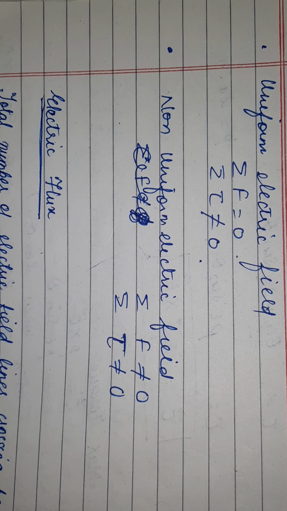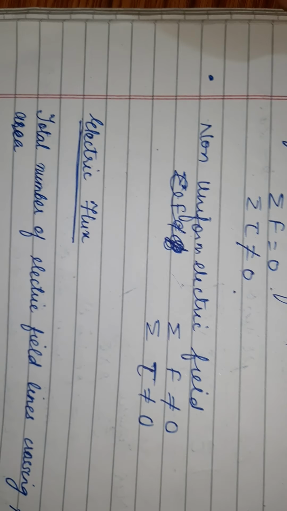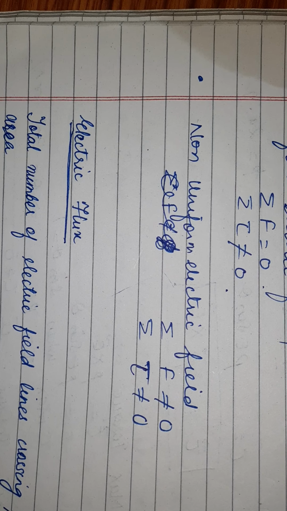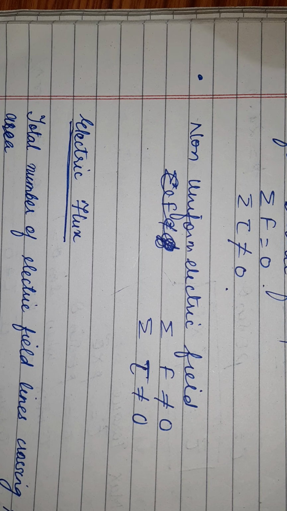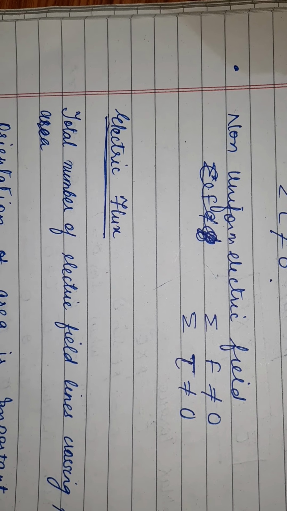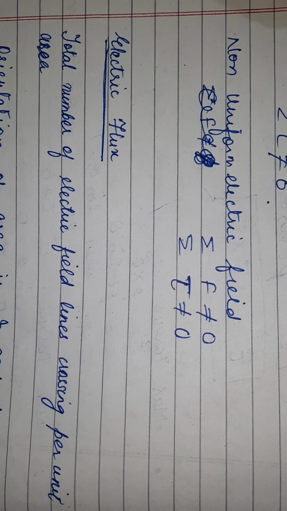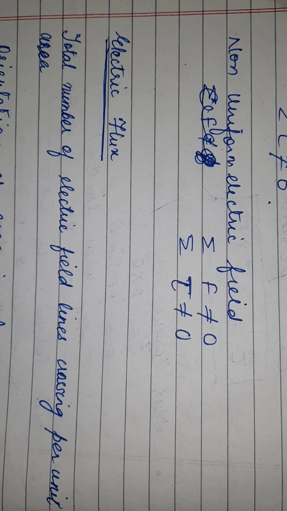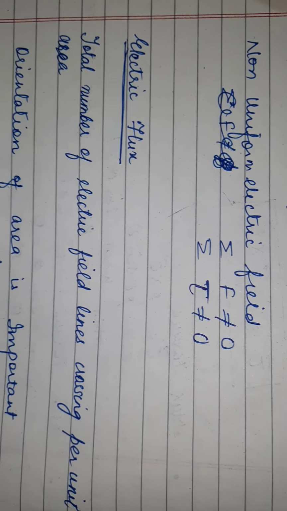Okay, now we learn about electric flux. Electric flux is nothing but the total number of electric field lines crossing per unit area. Now here, area is very important, orientation of area is very important. Let us see why.